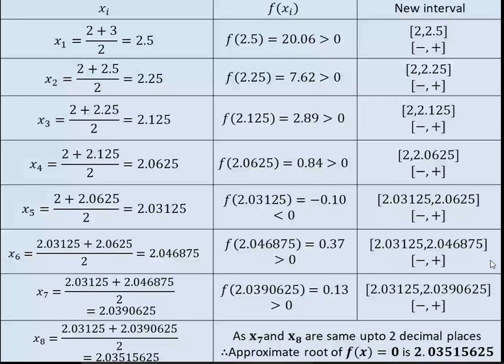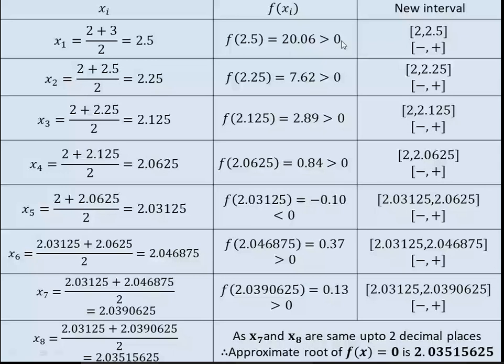So firstly, we find by trial and error the interval. Check it for 0, +1, +2, -2, like that, check it for different values. For whichever 2 successive values we get opposite signs, that will be the initial interval. Then find the midpoint of that interval, check whether it is positive or negative. For a positive value, replace the previous positive value by this.